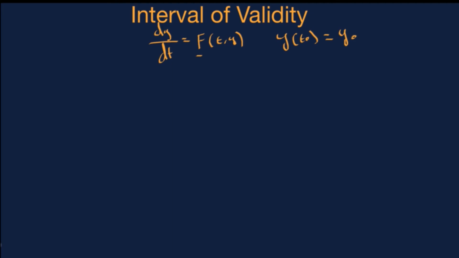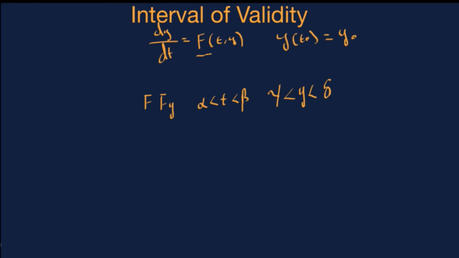And if this function f and its partial derivative with respect to y are both continuous in some rectangle, let's call it alpha to beta, and gamma to delta.